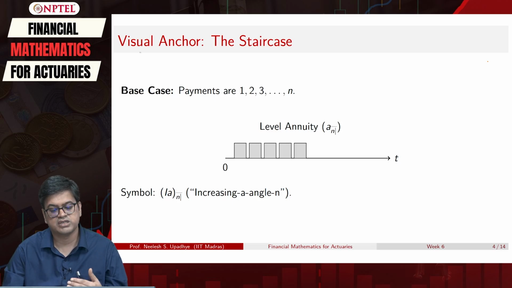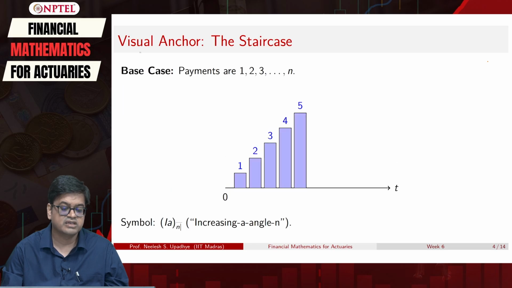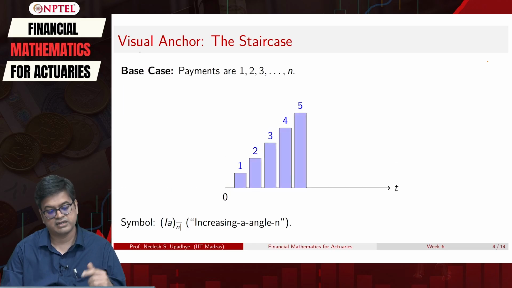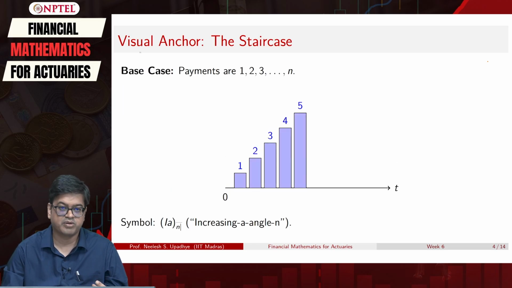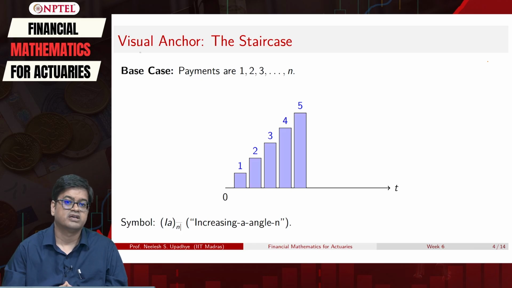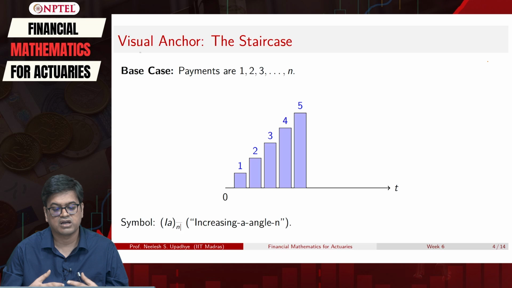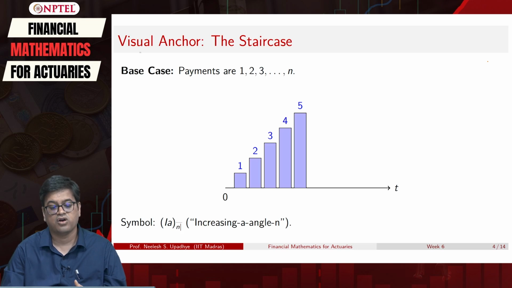By overcoming level annuities, we want to see increasing annuities: at time 1 you have a payment of 1, at time 2 a payment of 2, then 3, 4, and so on. How is this growth working, or how can we tame this growth, is our natural question.